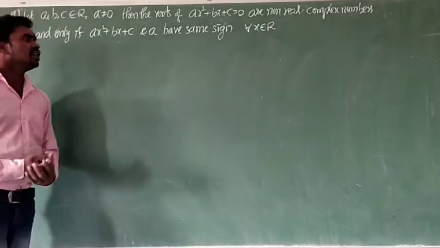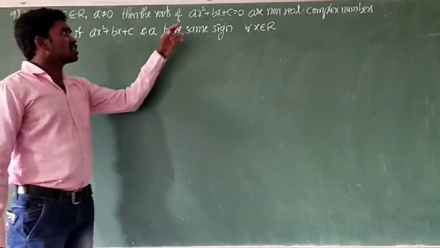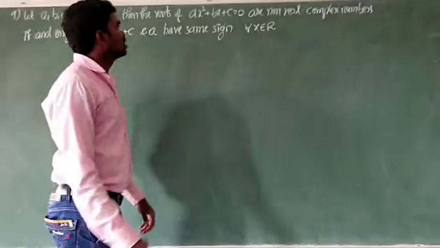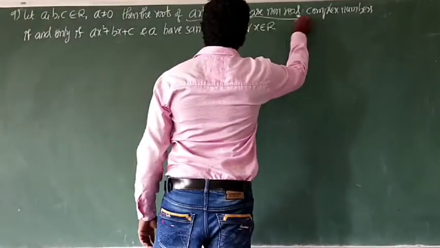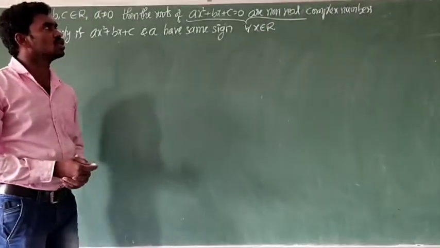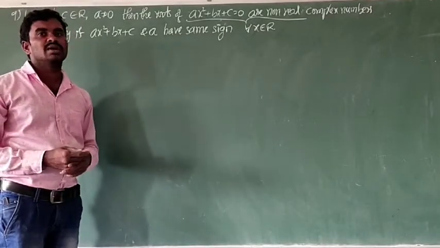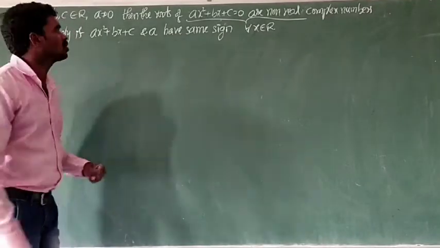Okay now, here, suppose ax square plus bx plus c is equal to 0 has non-real complex roots. Non-real complex numbers means what about the roots? Non-real complex numbers means b square minus 4ac less than 0. Okay?